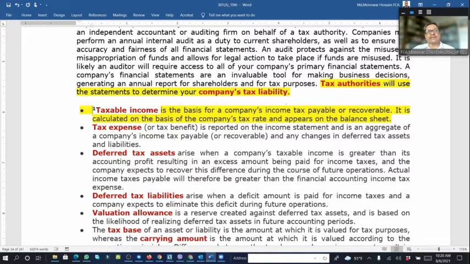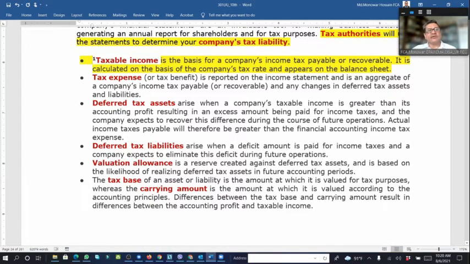So what is taxable income? Taxable income is the basis of the company's income tax payable or recoverable. It is calculated based on the company's tax rate and appears on the balance sheet. So tax expense, that means it's recorded in the income statement as the aggregation of the company's income tax, how much tax we have to pay.